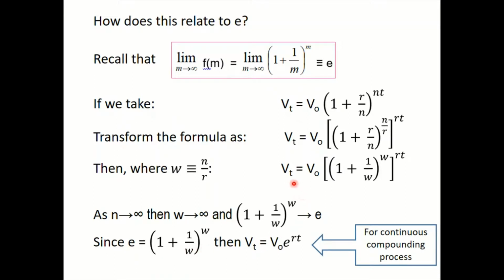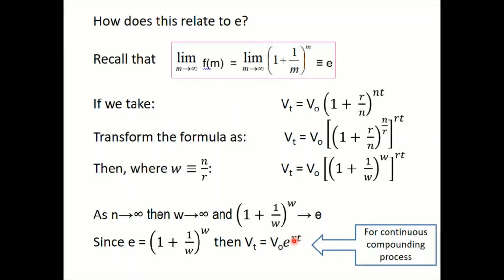Okay, so rewriting what we have up here, except just replacing the relevant part with e, we now have a formula to calculate the value of our investment after t years when interest is continuously added. And that formula is the initial value of the investment when you first invested, times e, our number e, raised to the power of r times t.